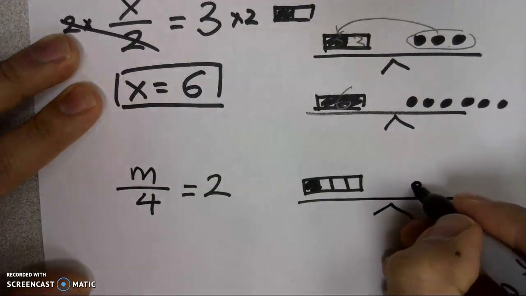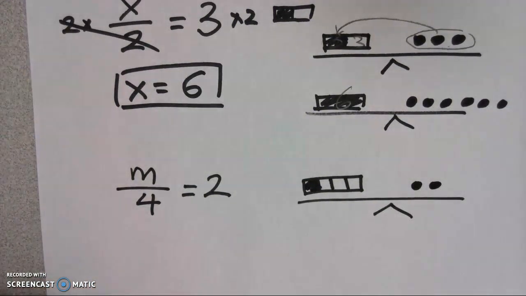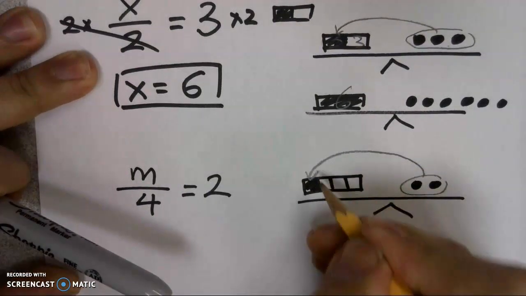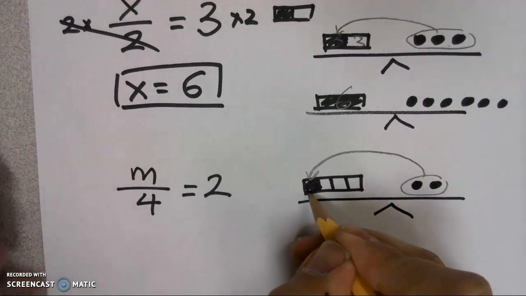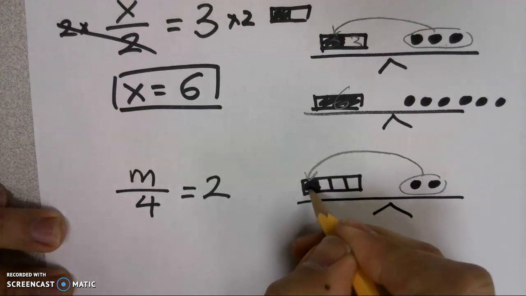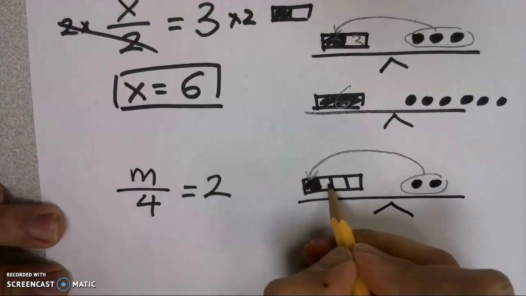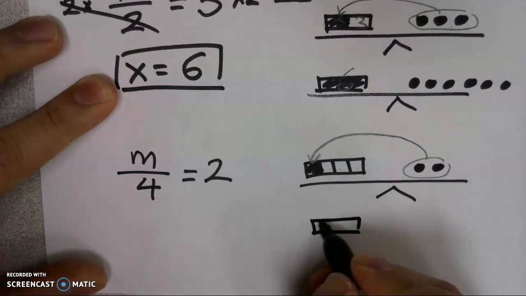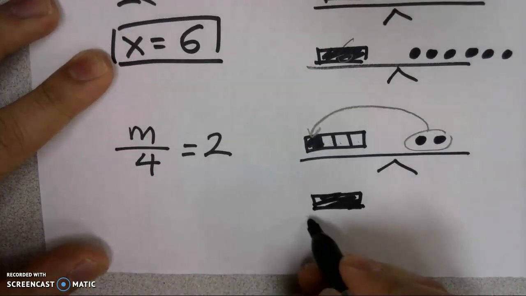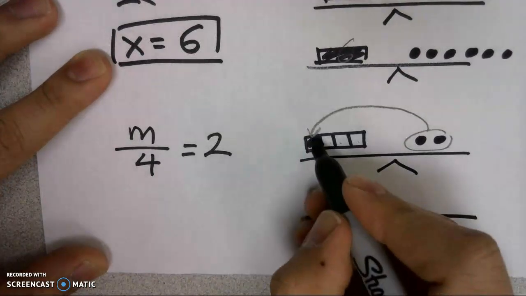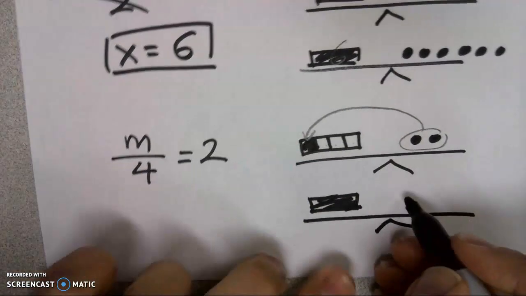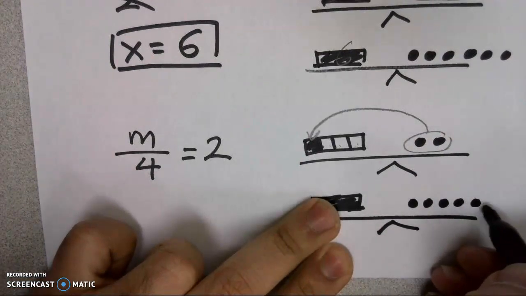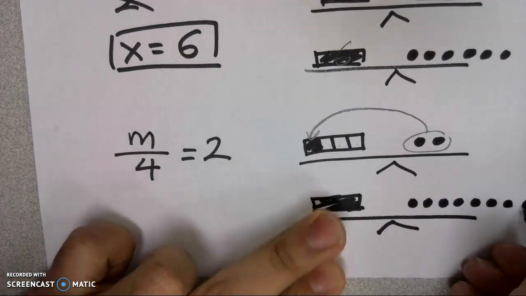And we know that 2 circles is in this rectangle, in this 1/4. So there are 2 in each of them. So a full one will have to be 2, 4, 6, and 8. 1, 2, 3, 4, 5, 6, 7, 8.